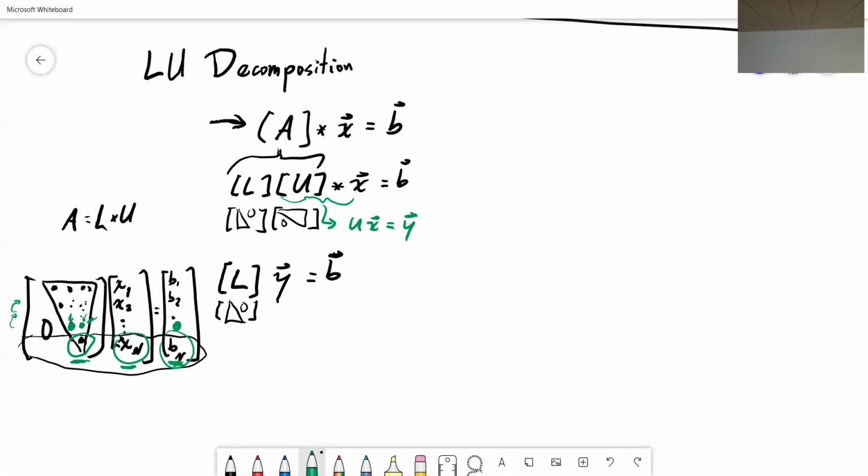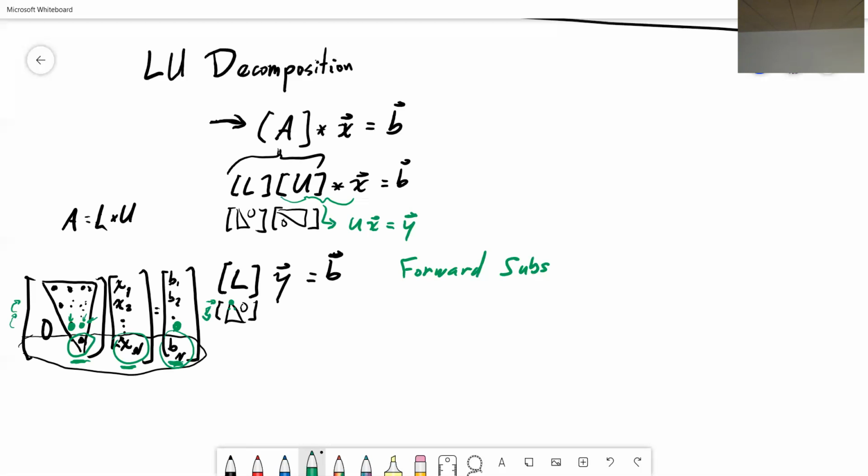That's backward substitution. In this case, we will have something very analogous, but we start from the top, where we have this element times something equals the first variable. Then we have two terms, but we know the first one, and so on and so forth. So in here we would actually do forward substitution, which is really simple.